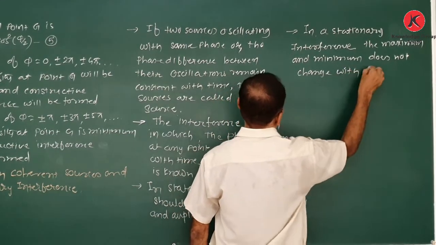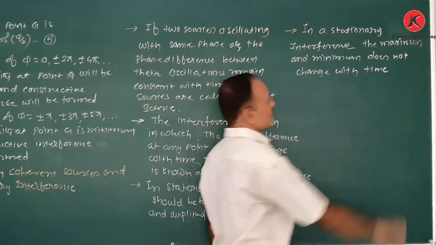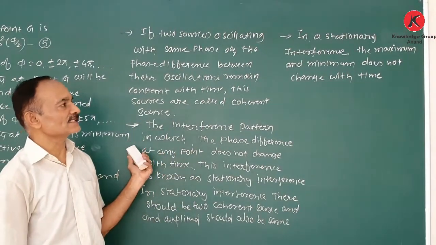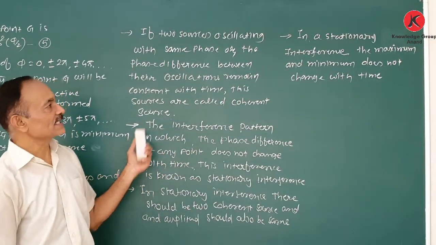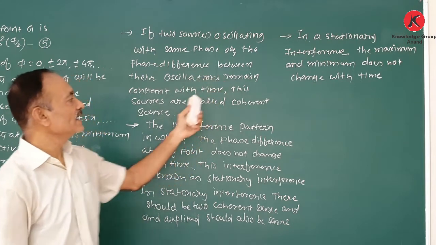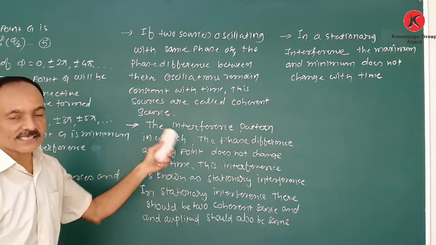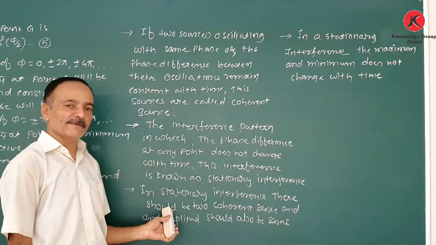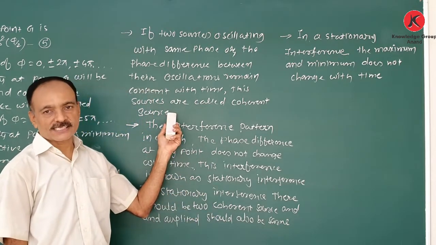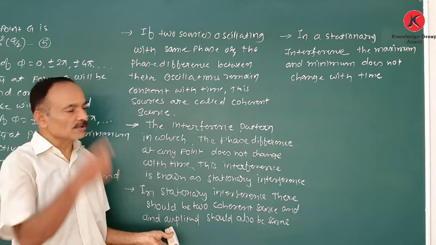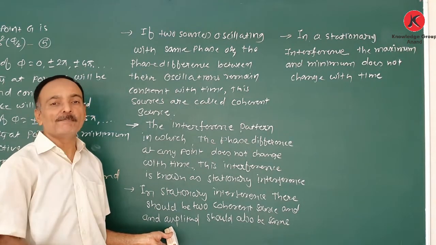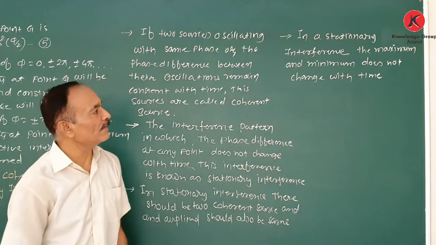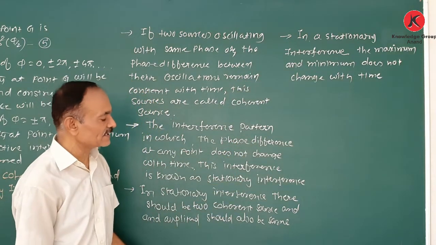Because what is the reason? Because the phase difference at any point is constant with time, therefore it does not change with time. So that is the definition of stationary interference and also the requirement for it. For stationary interference, the sources must be coherent and oscillating with the same amplitude. Also, in stationary interference, the maximum and minimum do not change with time.